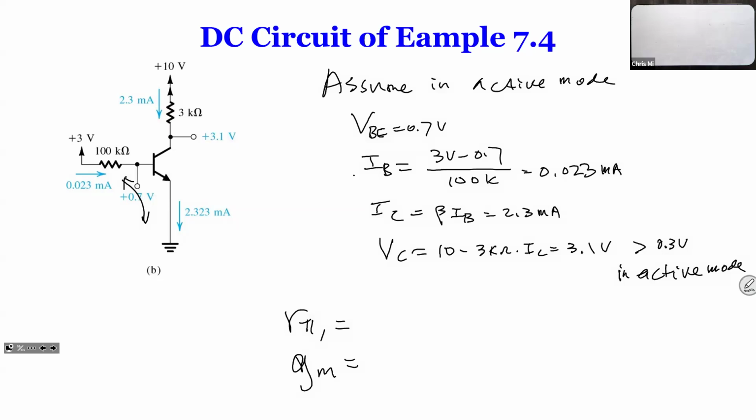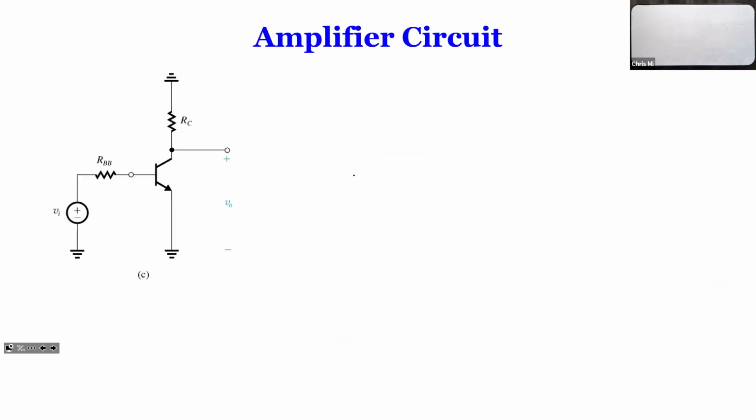So here, once we find gm and rPi, we're going to look at the small signal. From this small signal model, we simply take out the DC, the DC voltage becomes a short circuit. And if you look, interestingly, the top is VCC. They also put a ground, which means it's actually small signal, so we already grounded.